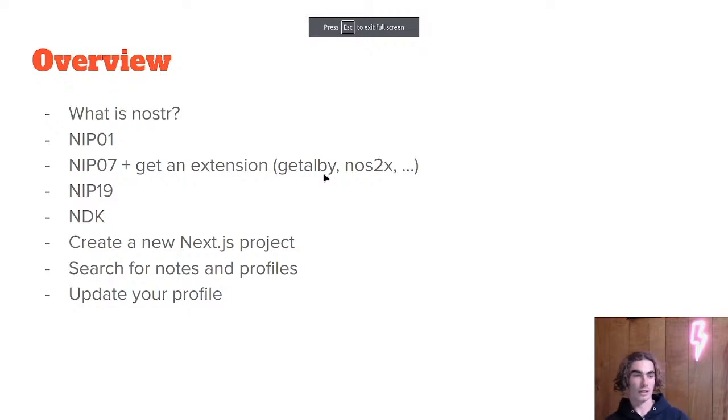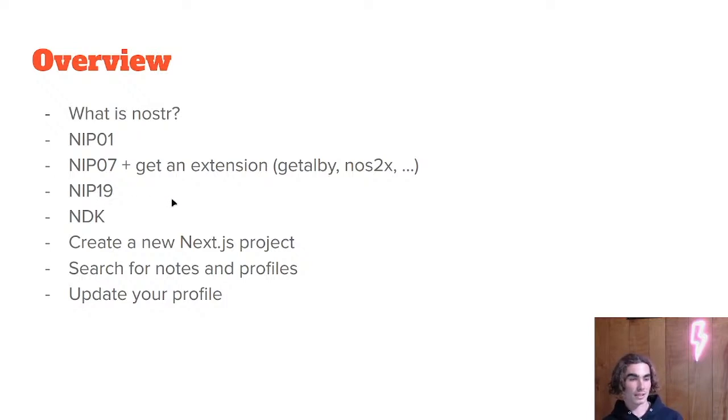So in this slideshow, we're just going to go over some basics. We're going to go through what is Nostr, and a few of the NIPs that we'll need to have some familiarity with in order to build our project. That's going to be NIP 1, which just defines how clients and relays work together. And again, we'll go over more what clients and relays are. NIP 07 allows you to have a browser extension to store your Nostr private key, which you could think of as your password to your Nostr account.